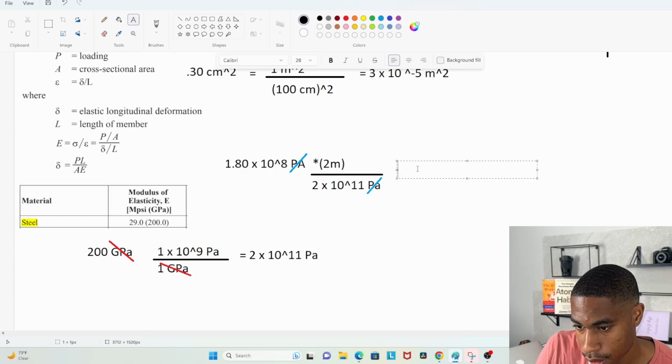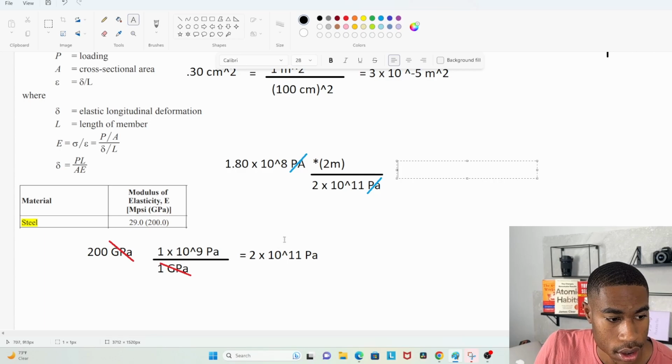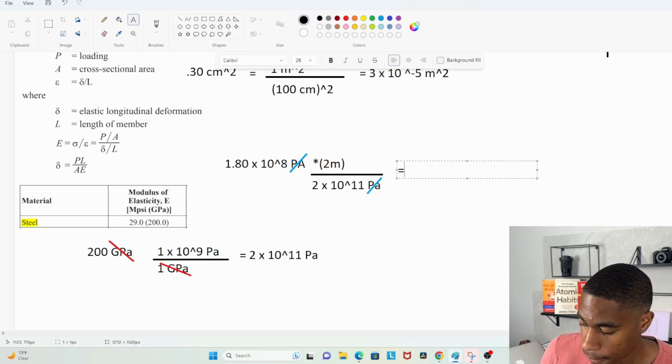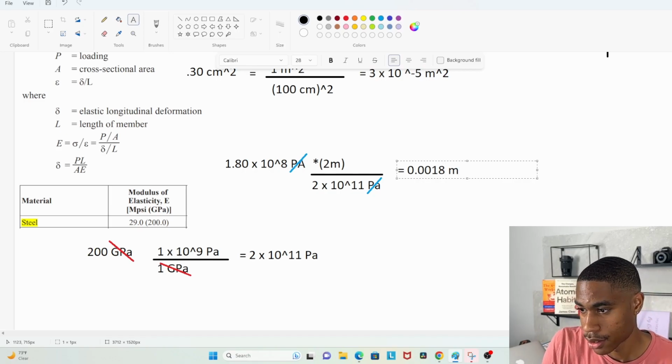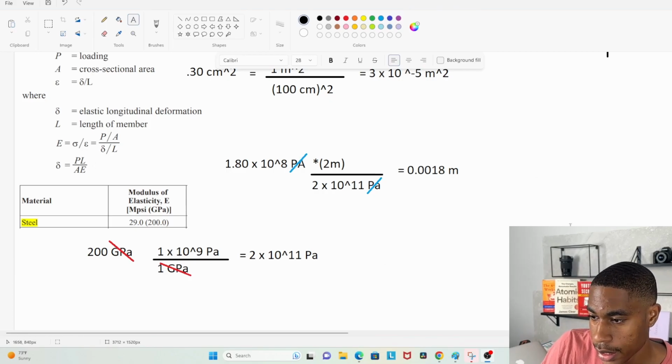All right, so I am getting equals 0.0018 meters. Hopefully this made sense.